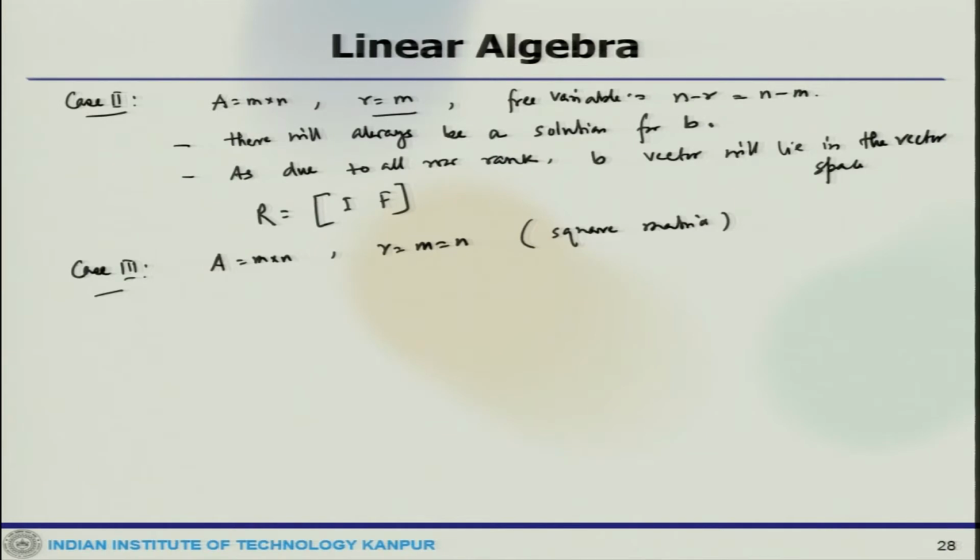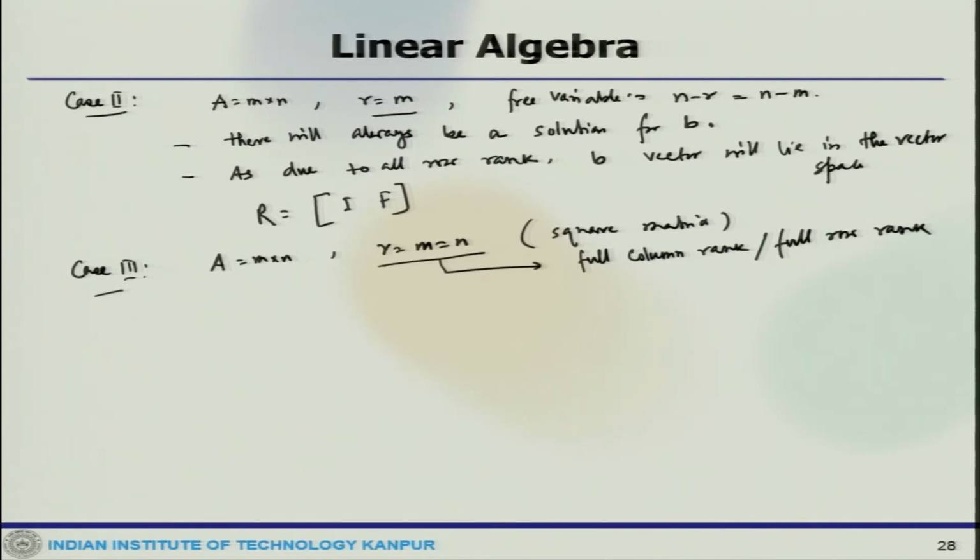So, this is when r equals m equals n, one can say this is either full column rank or full row rank. Either of them is fine, so both of them are here.